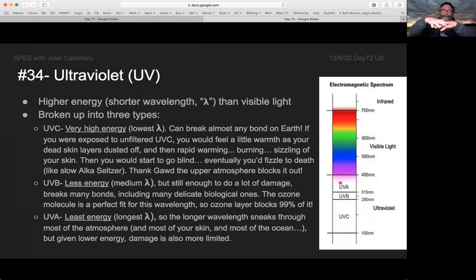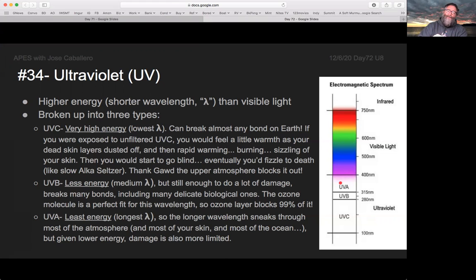You would see dust. And all of a sudden you'd start to feel a little warm, and you'd be kind of pink, like raw skin. And then it would start to burn, and it would start to sizzle. Literally the experience would be of burning.